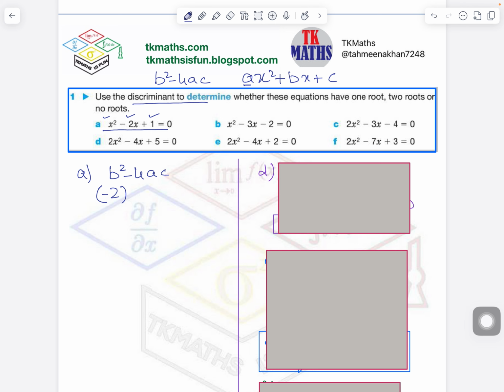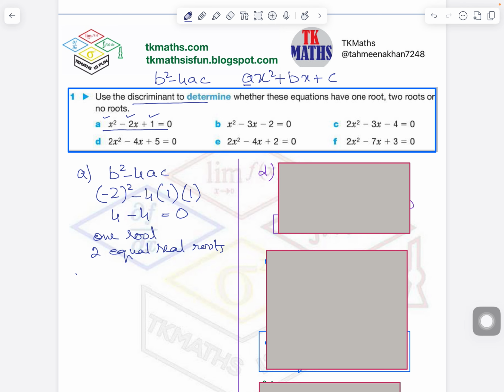So I will write minus 2 squared, minus 4 times a which is 1, and c is plus 1. So 4 minus 4, I got the answer 0. When you get discriminant 0, it means it has one root, or you can also call it two equal real roots.